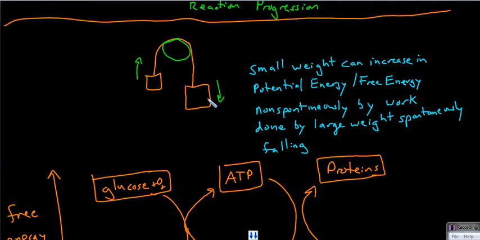A larger weight, which is attracted to the Earth, will go down, and being attached to the other weight through a pulley system, it can draw that weight up. We see that we can drive this non-spontaneous process by coupling it to a spontaneous process. That spontaneous process did work, which caused the non-spontaneous process to occur.